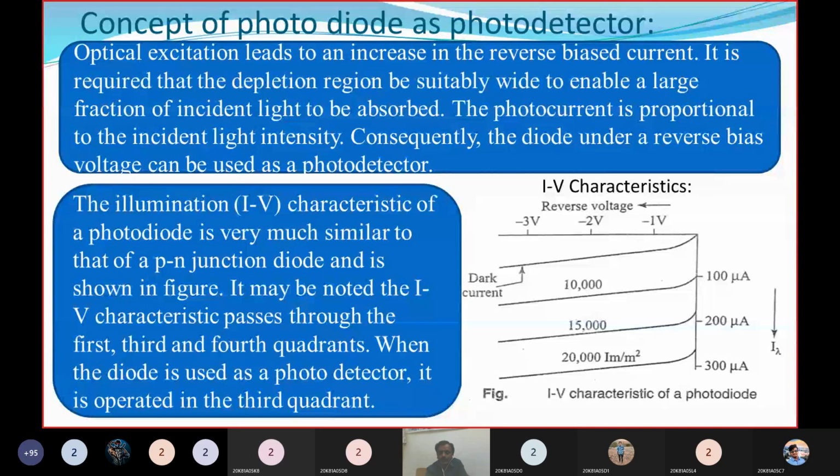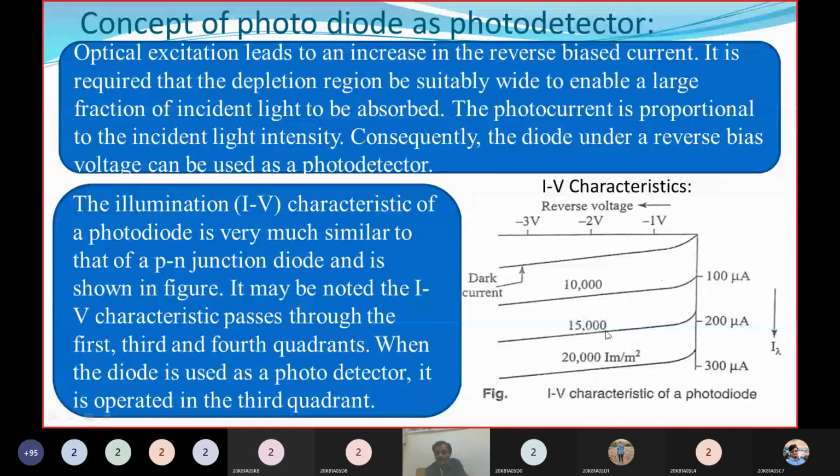See here. If you take an intensity of 10,000 lumen per meter square, the current will be 100 microamps.